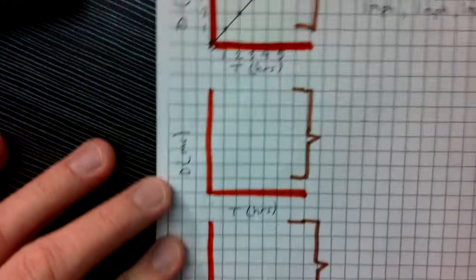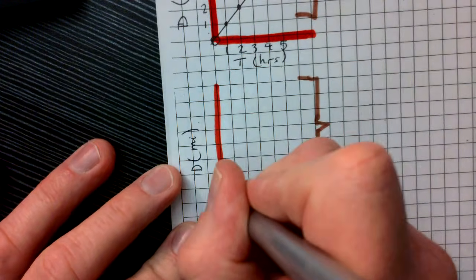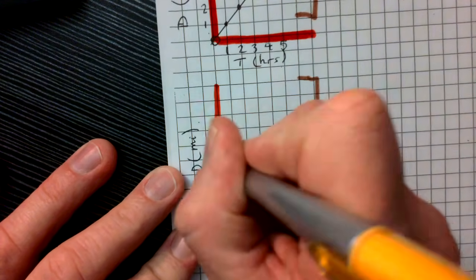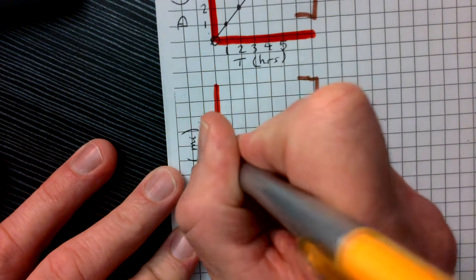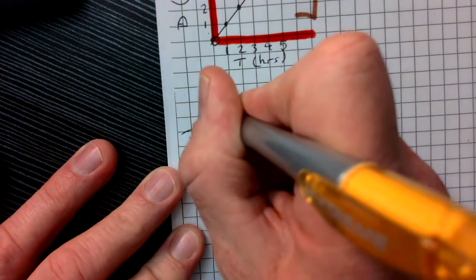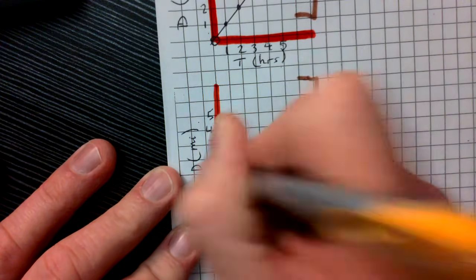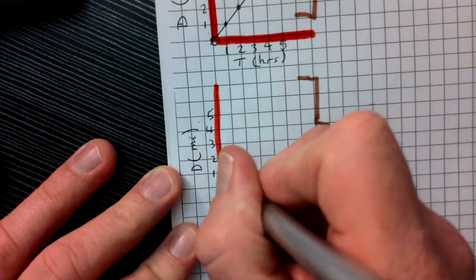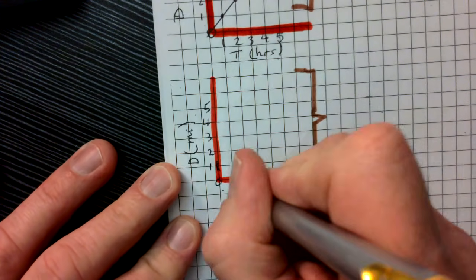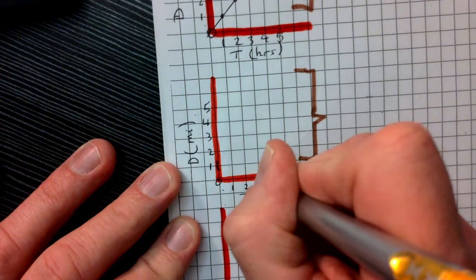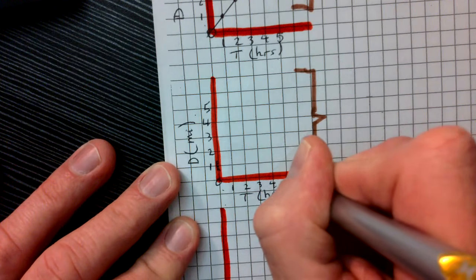We're going to do the same thing as up here. We're just going to label these numbers. So this is 0, 1, 2, 3, 4, and 5. Sorry, that's not an 11, that's a 1. Same thing here. 1, 2, 3, 4, and 5.